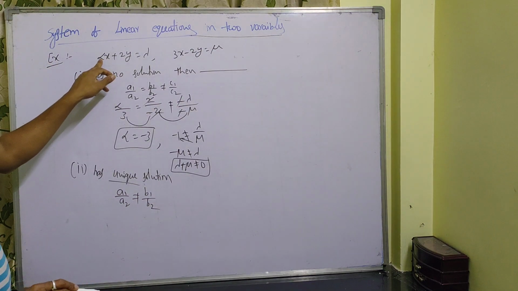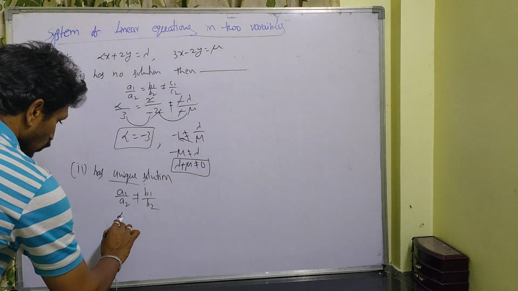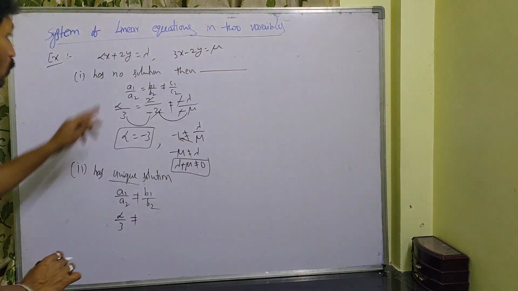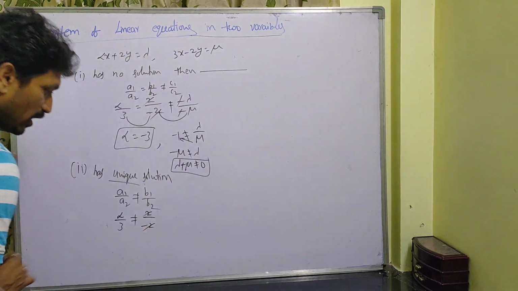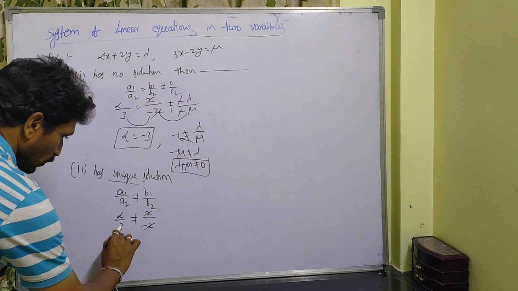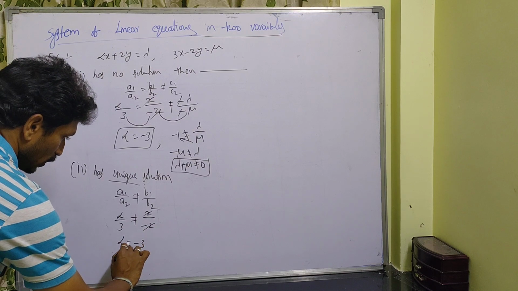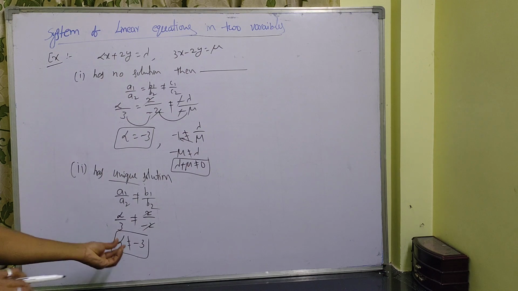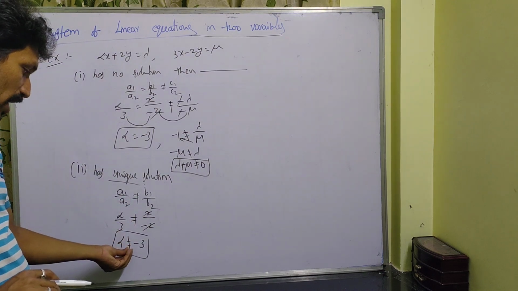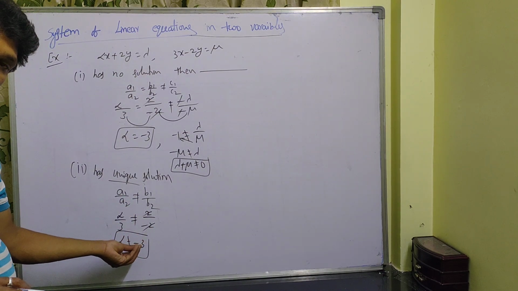What is A1? Alpha. What is A2? 3. So alpha by 3 not equal to 2 by minus 2. So minus minus cancel. So what you get? Alpha is not equal to 3 into minus 1, minus 3. So alpha is not equal to minus 3. That is the only option here. So they may ask you the value of alpha: alpha is not equal to minus 3.